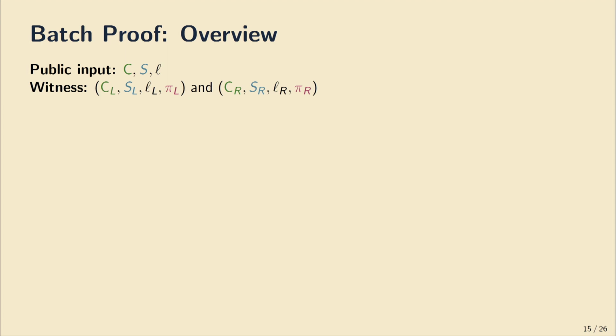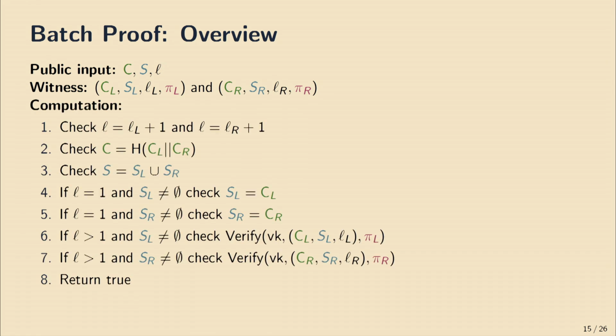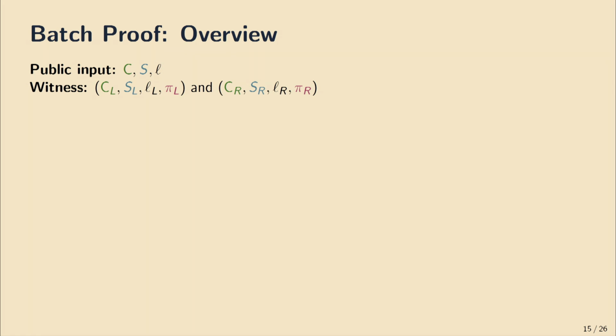The witness is the digest of the left node of the root, CL, the node subset SL, the level of the left node LL, and a SNARK proof PL that proves that indeed SL is the node subset of a Merkle tree of LL levels whose digest is CL. And similarly for the right child.